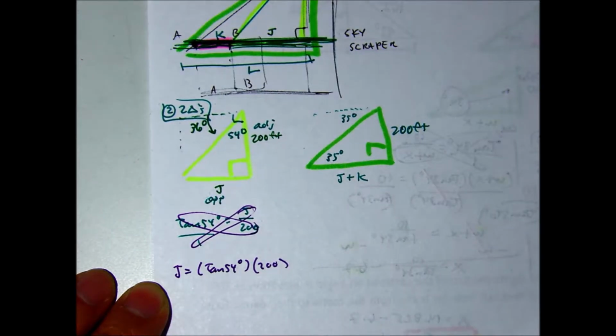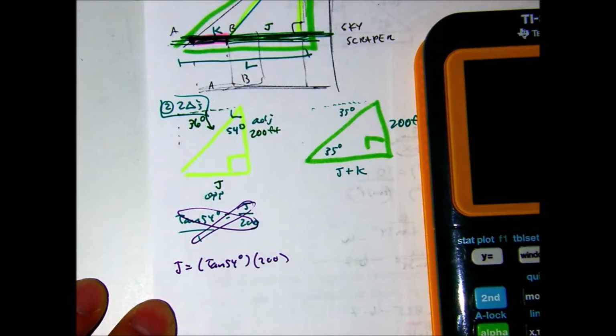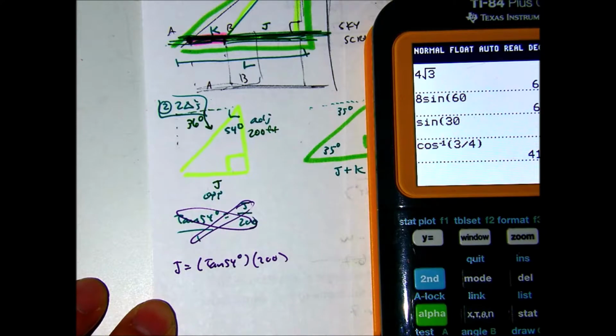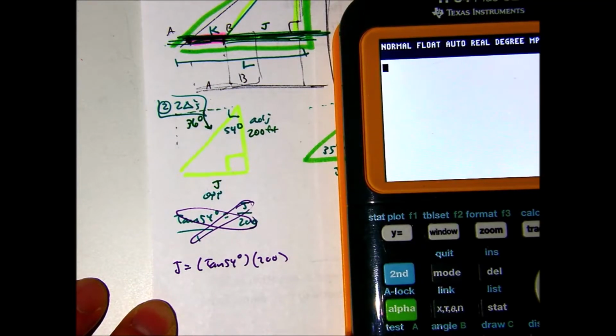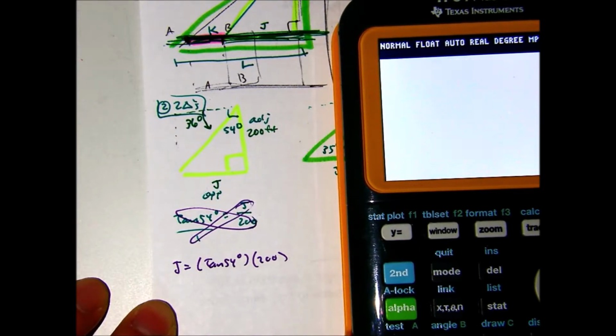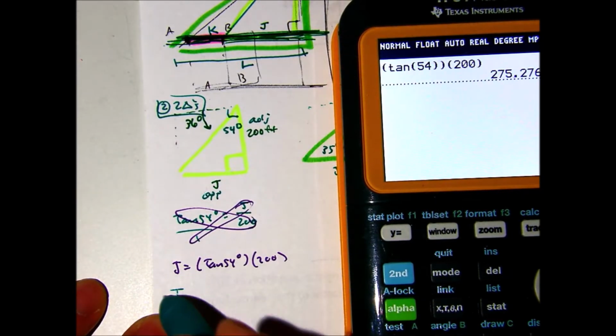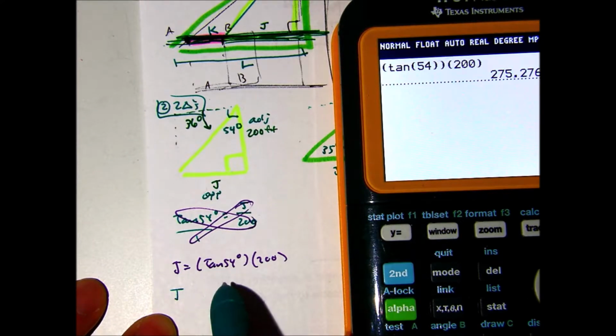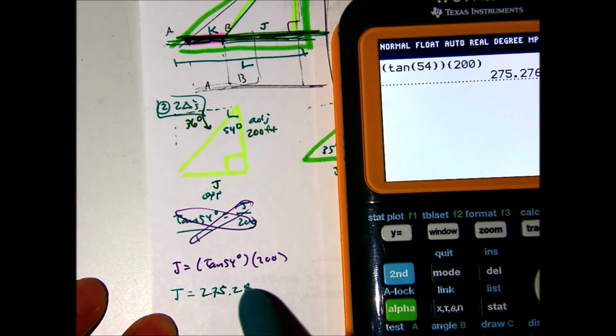There's my calculator ready equation. Extra set of parentheses, so tangent 54, close, close. Remember, although it says to the nearest meter, I'm not going to round here. 275.28. Raise your hand if you got that.